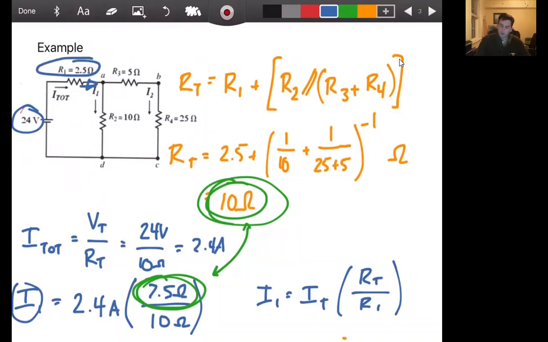So the R total that we're using with our current divider rule is only the combination of R2, R3, and R4. Because R1, that current that's being divided at node A, has already passed through R1. So it is irrelevant to the actual division that we care about.